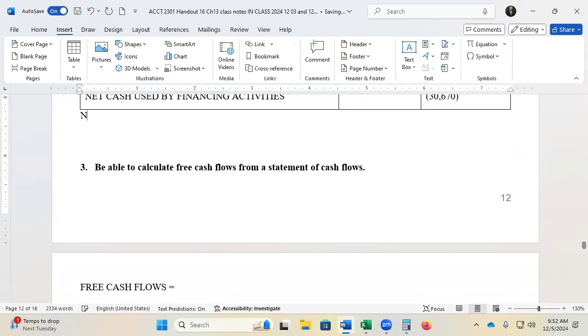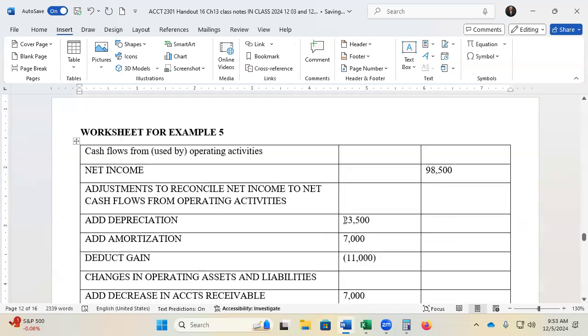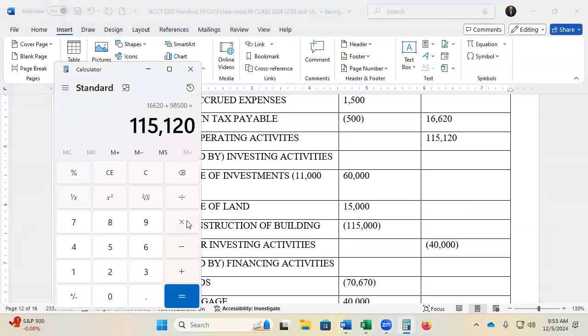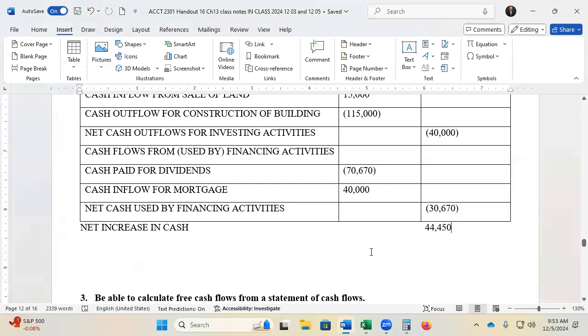We had our net increase in cash, which was 44,450. So if we take the 115,120, and we subtract the 40,000, and then we subtract the 30,670, we end up with the 44,450.